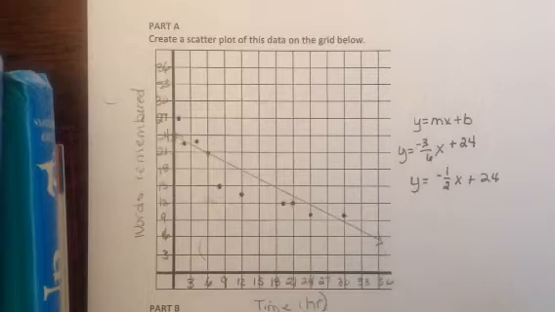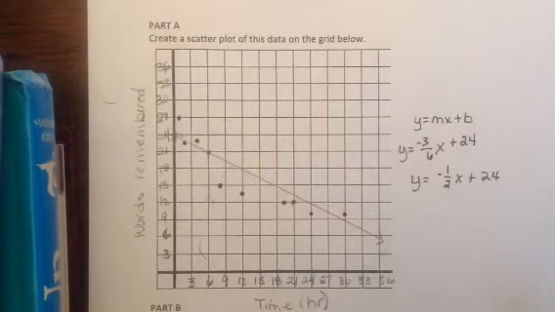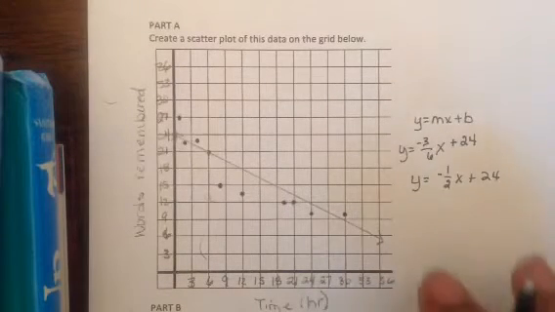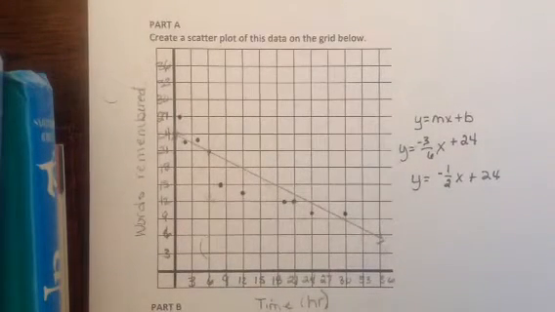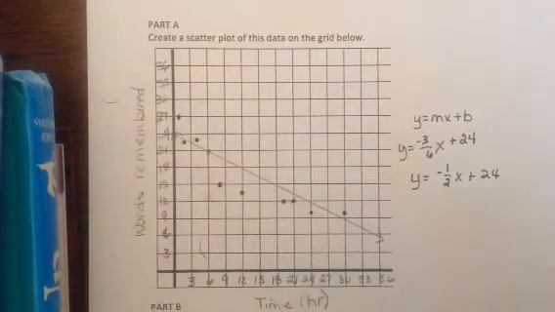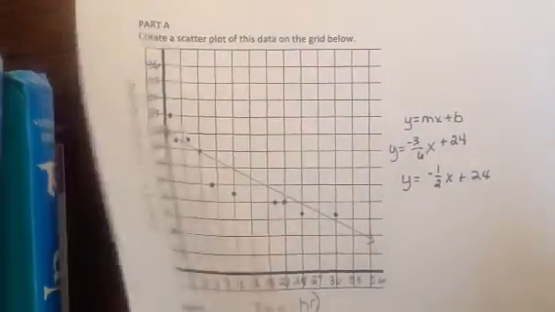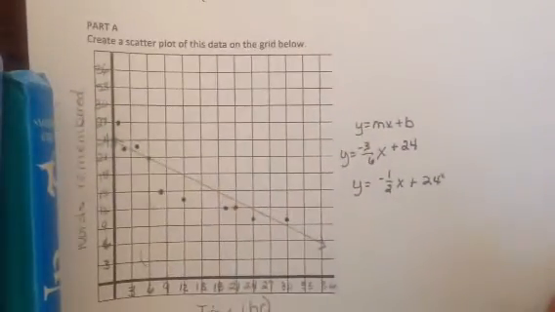Then it says, what would be a reasonable prediction of the number of words remembered in 40 minutes? Well, 40 minutes is not on my chart. So I'm going to have to make this prediction by using my line of best fit. I'm going to do it over here because I don't have much room on my screen.